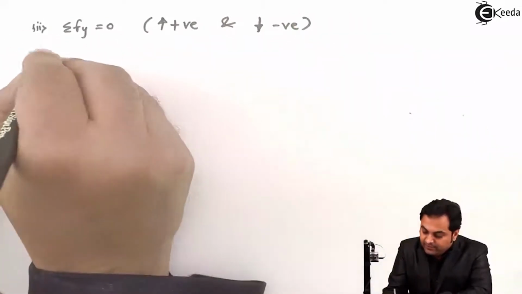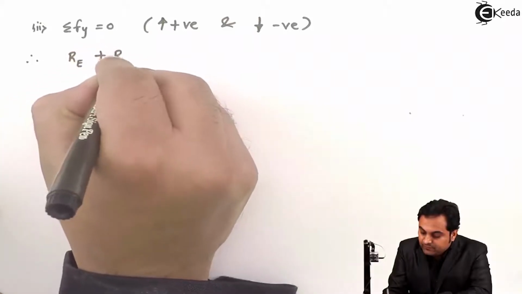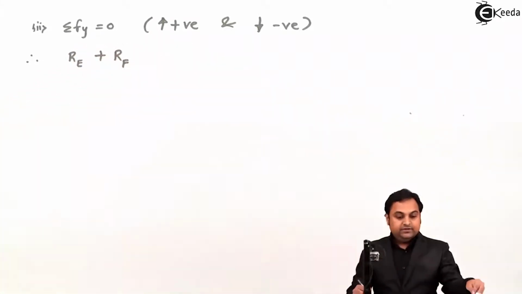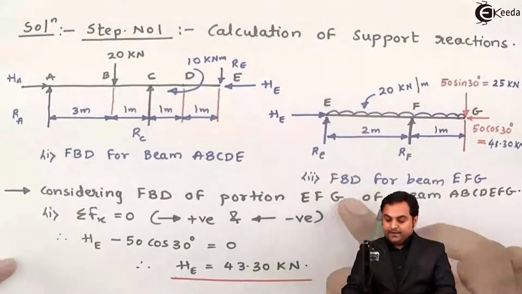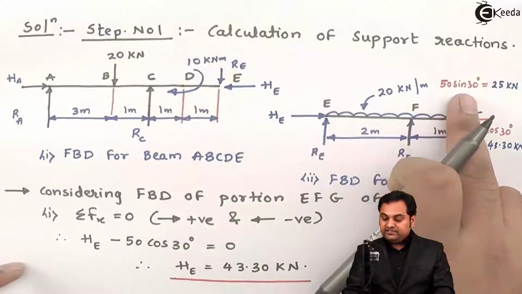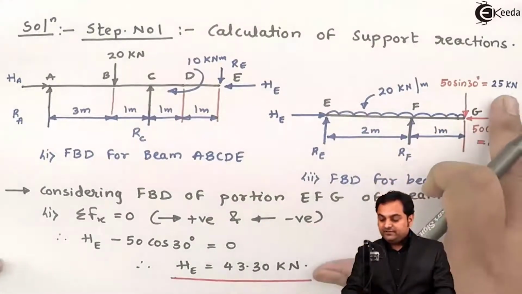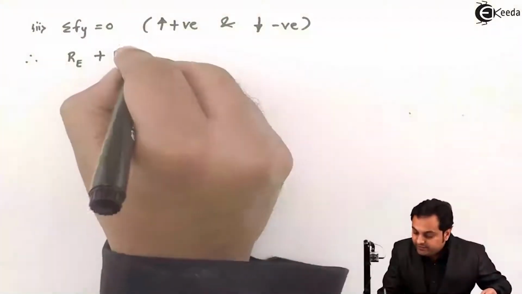So we have RE plus RF, the reactions at points E and F, then minus 50 sine 30 because it is acting downward, and 50 sine 30 has a value of 25, so minus 25.